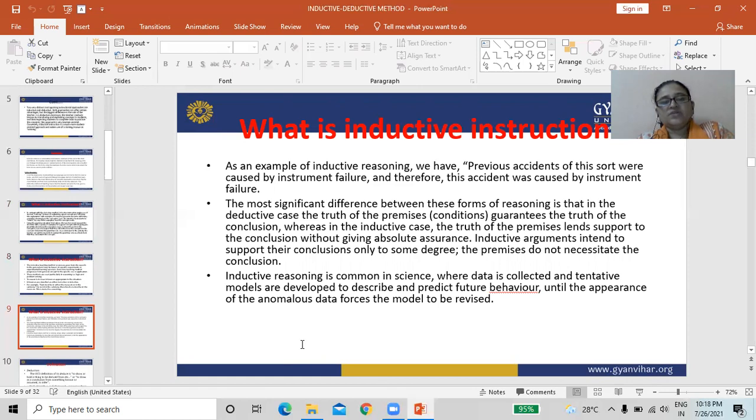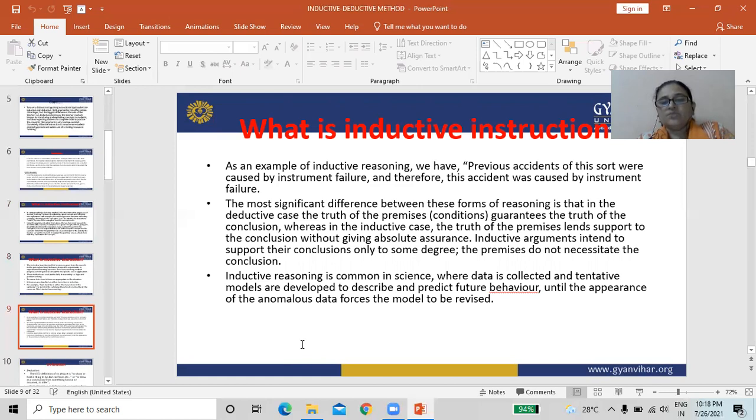The most significant difference between these forms of reasoning is that in the deductive case, the truth of the premises guarantees the truth of the conclusion, whereas in the inductive case, the truth of the premises lends support to the conclusion without giving absolute assurance.